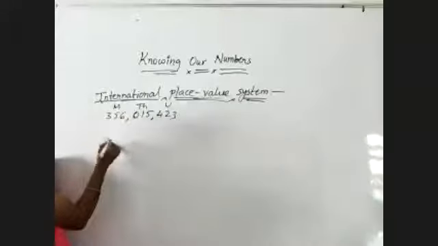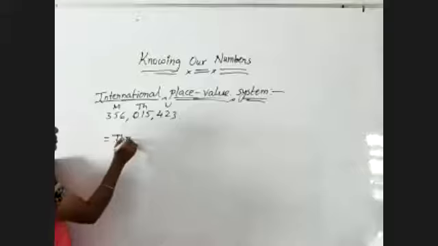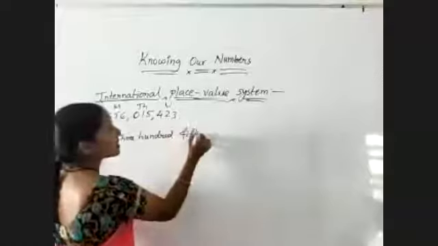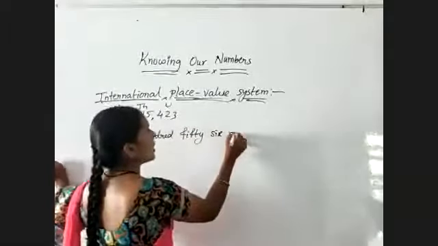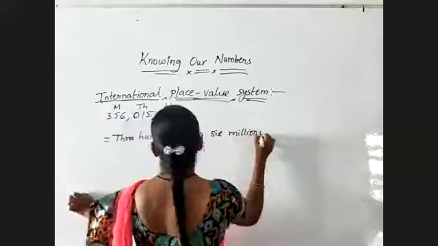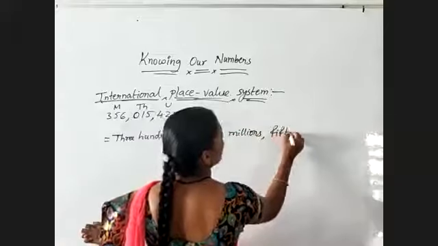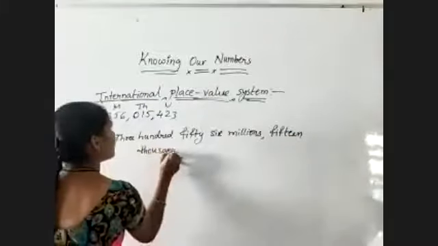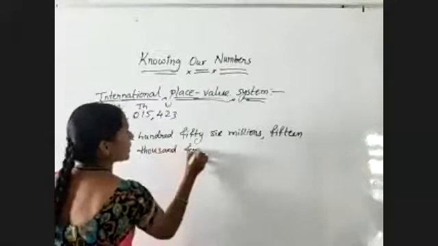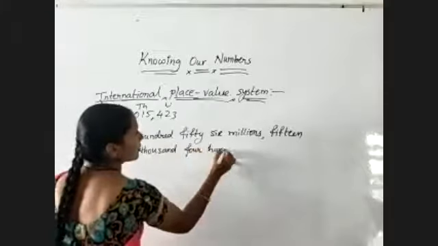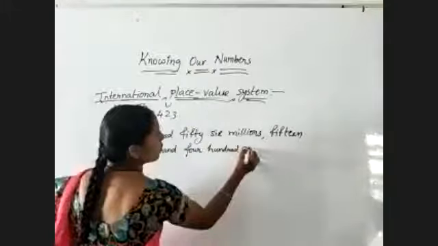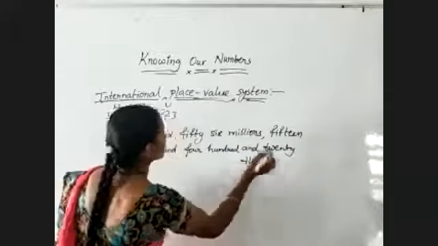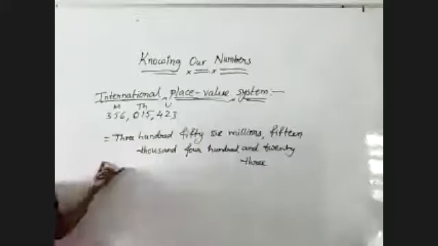So we will write now 356 million, 15,423, 423. This is the way to represent the number by using the international place value system.